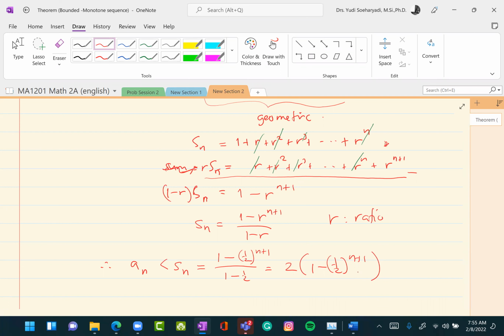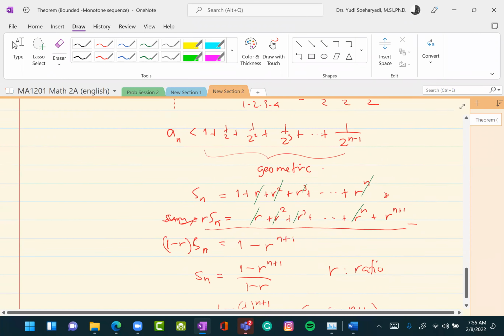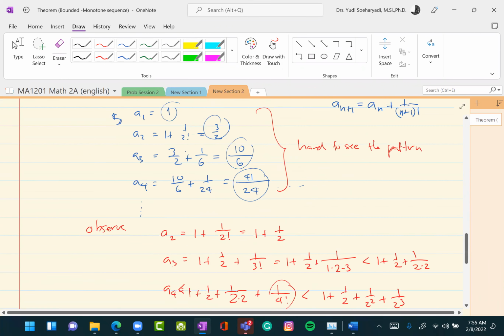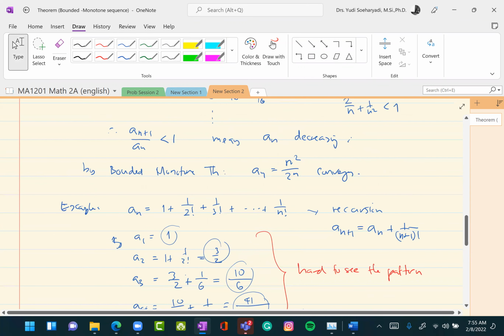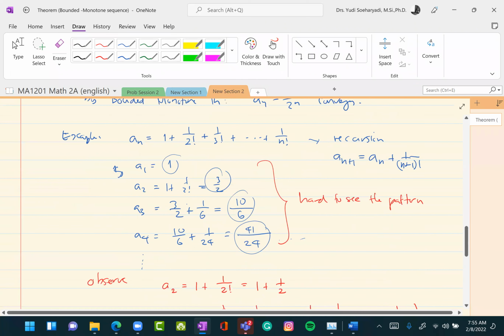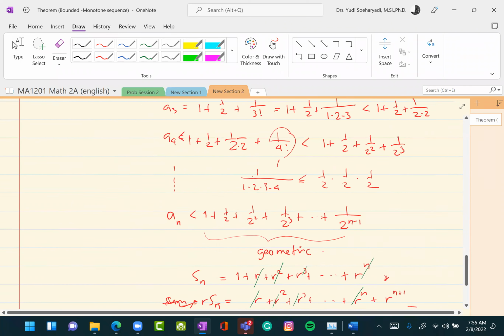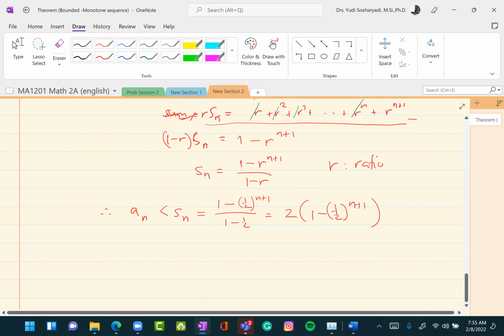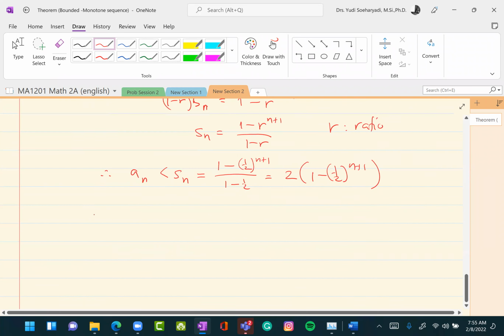Okay. So you see that in the sequence here, you keep adding something, so it must be larger and larger. So it must be increasing. So you see, a_n is increasing, but this is less than, of course, this is less than 1. So this must be less than 2.